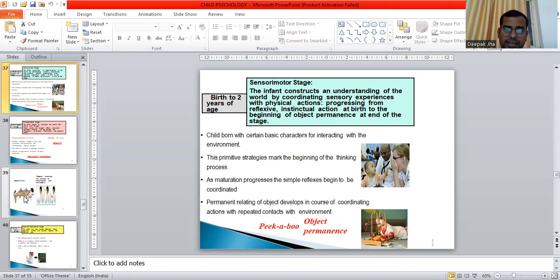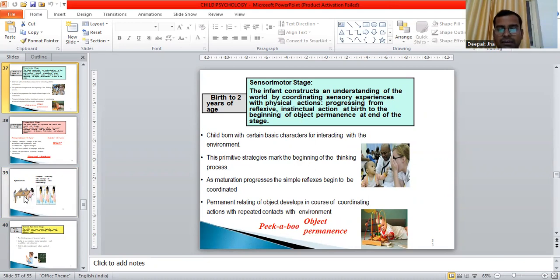As the child gains experience through his sensory motor impulses and the maturation progresses, these simple reflexes begin to coordinate. So those simple reflexes which were uncoordinated now start to get coordinated. Permanent relating of objects develops in force of coordinating actions with repeated contacts with the environment. So there is something called peekaboo and object permanence. What is peekaboo?